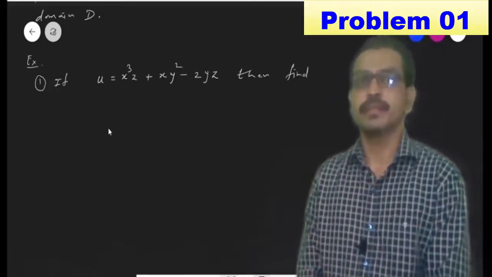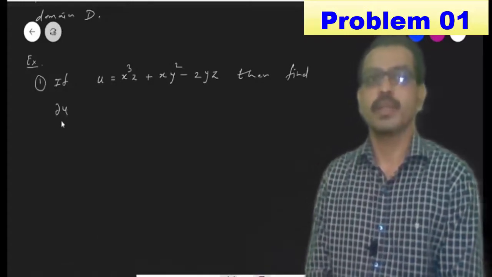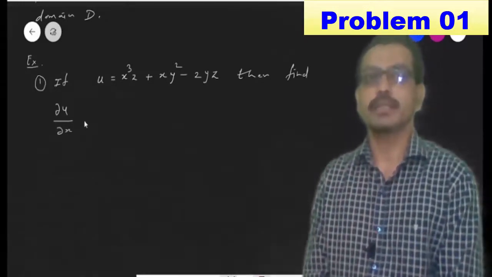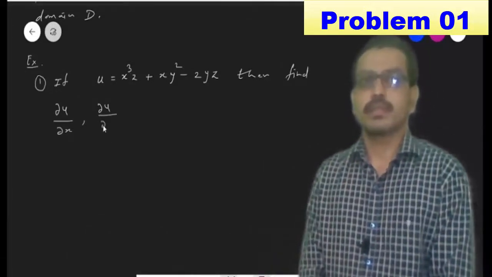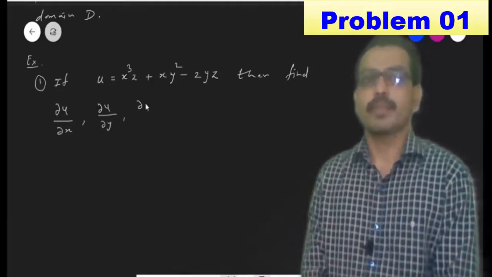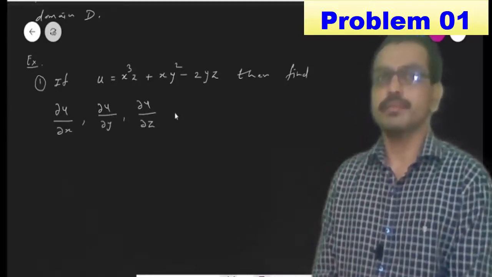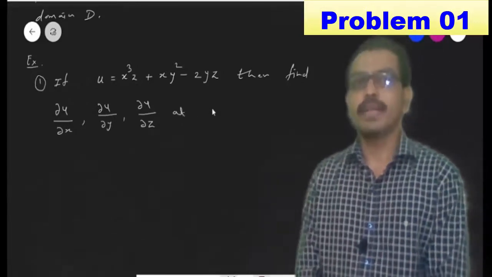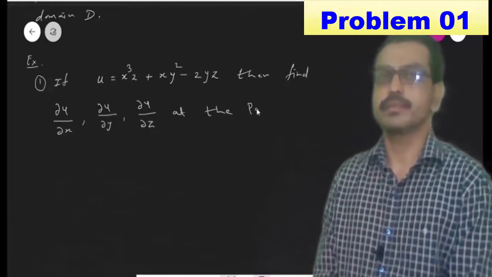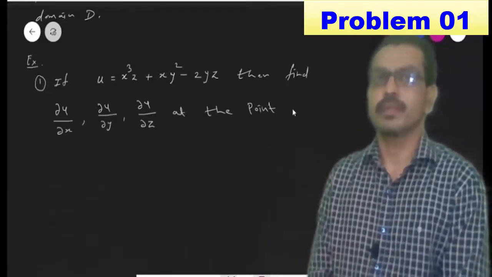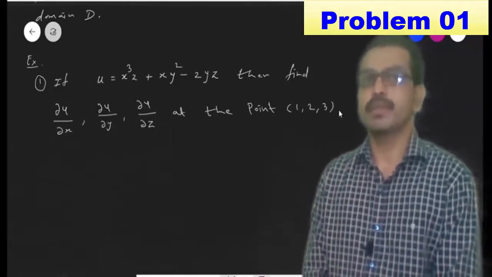Then find ∂u/∂x, ∂u/∂y and ∂u/∂z at the point x equal to 1, y equal to 2 and z equal to 3.